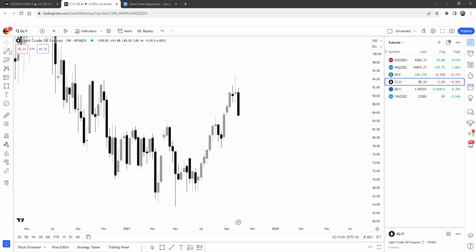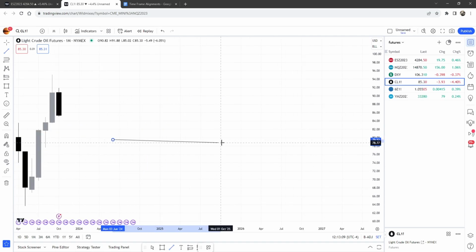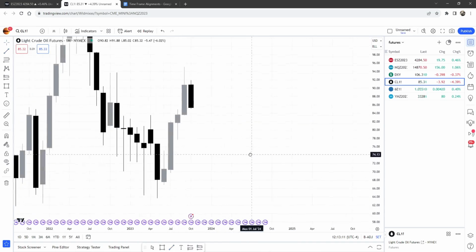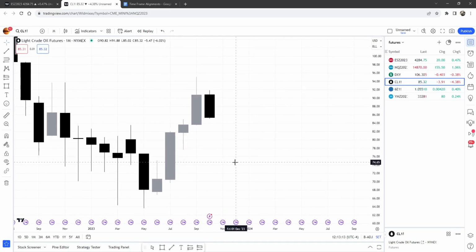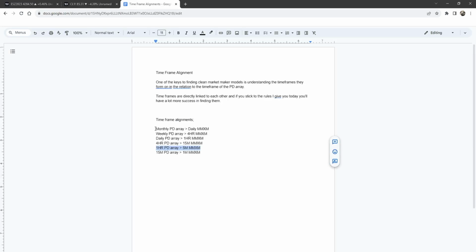But as you can see here, I'm sorry, this is on the weekly. This needs to be on the monthly. For a monthly PD array, we look at daily market maker models, right? Time frame alignment, monthly PD array for daily market maker models.